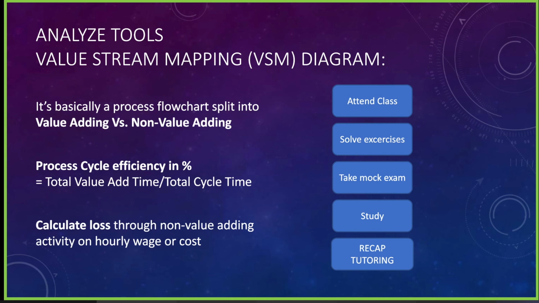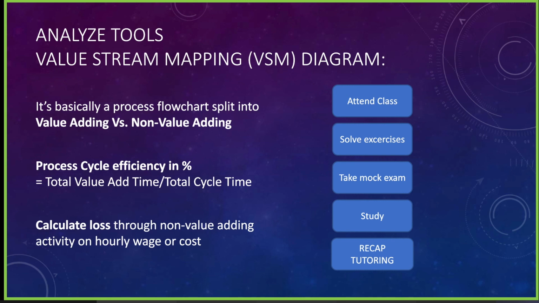Now, as part of value stream analyzing, we can use math to decide on a process cycle efficiency in percentage, which is we look at how much of the time that our process actually takes are actions that will bring us closer to our goal. So we use the total value added time and we divide it by the cycle time.